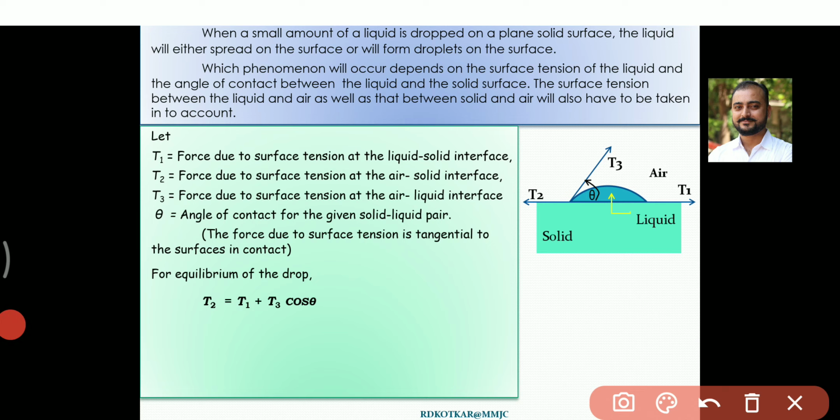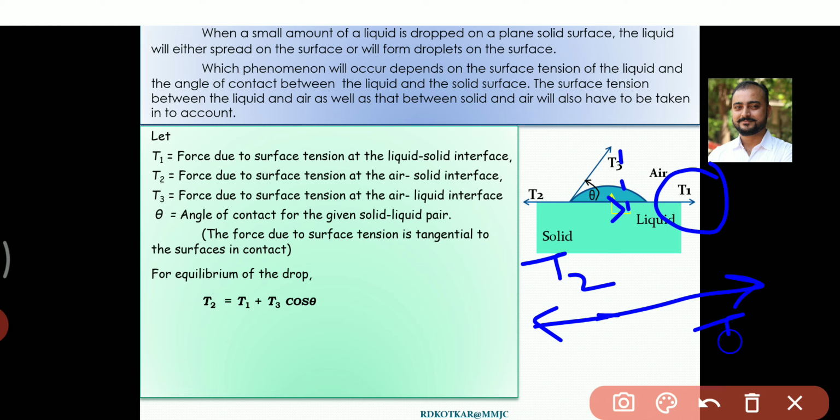As you want to calculate this T1, we have to consider the projection of T3 on T1, meaning this is another vector created here. This T2 is along this direction, but T1 is directed along this direction, and another one is the projection of T3.